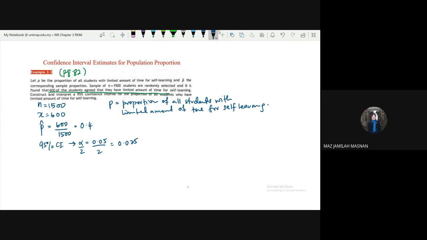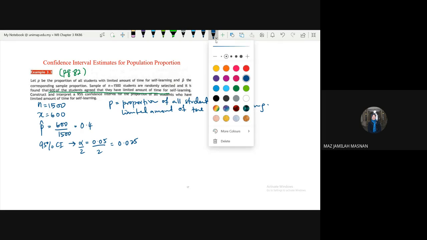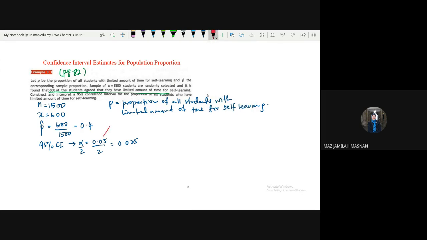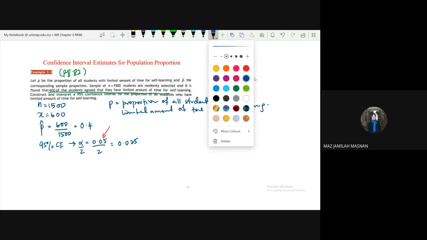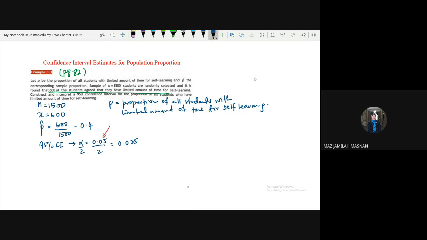But in the assessment, this is what students usually forget. They forget to divide by 2. When they forget to divide by 2, they are going to refer to alpha as 0.05, which will give you a different critical value, and definitely it will affect your final answer. So please be careful when you are calculating.